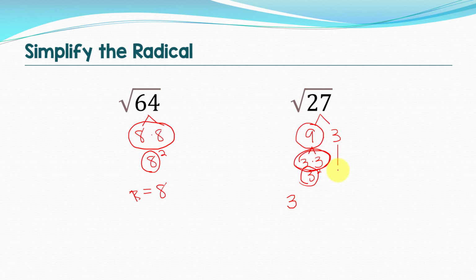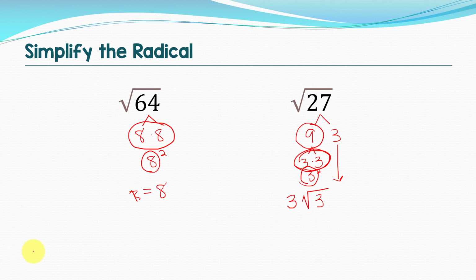What never gets matched up with anything has to stay inside the radical, because it's not a perfect square. So to simplify this square root of 27, this would be the simplified version of that: 3 times the square root of 3, or 3 radical 3. The terminology could go either way.